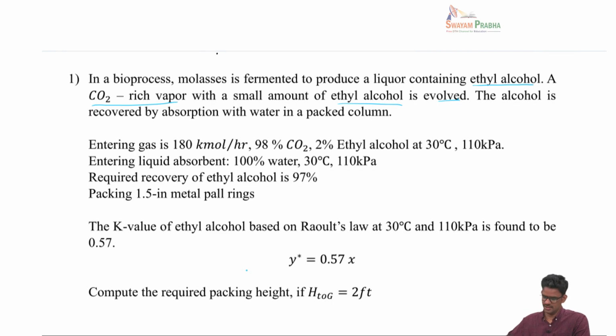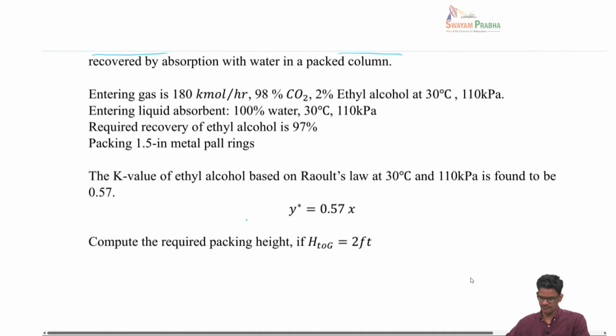Okay, so that's the overall problem. Now they have given some information. Entering gas is 180 kilomole per hour, which contains 98% CO2 and 2% ethanol, and its temperature and pressure are given. The entering liquid is 100% pure water. Okay, no CO2 and no ethanol in the inlet stream, also happening to be at the same temperature and pressure.